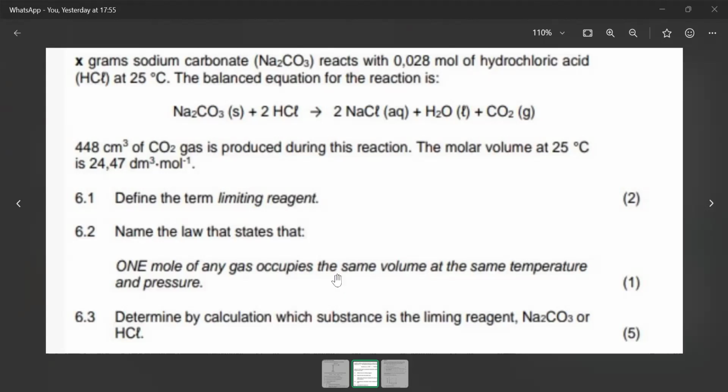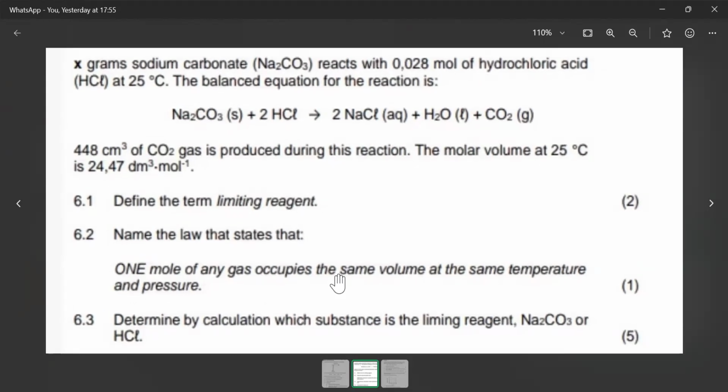Well, they did give you a product. They gave you information about a product that can help you to find the number of moles, because they gave you the volume of carbon dioxide gas that is produced. They also gave you the molar gas volume. So what you're going to do here is to find the moles for carbon dioxide.